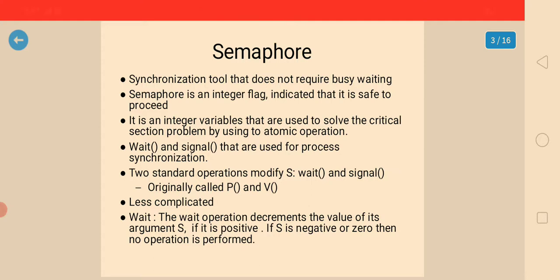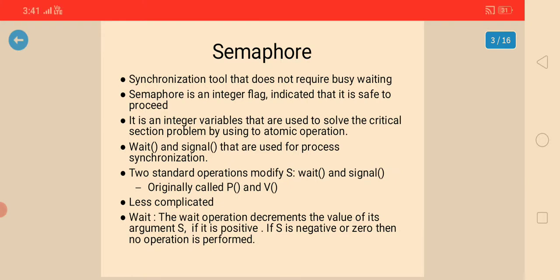The first one is the wait function. The wait operation decrements the value of its argument S. What does S mean here? This is the semaphore. If it is positive, the wait operation decrements the value of its argument S. Means if the S value is positive, then what does the wait operation do? It decrements that value.